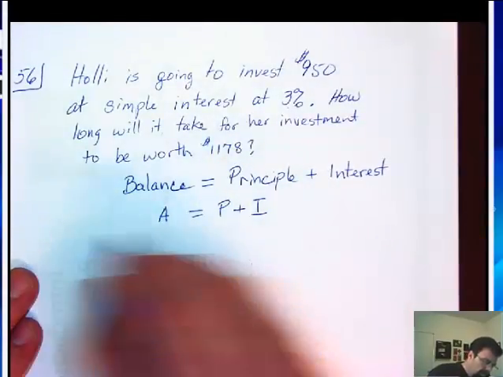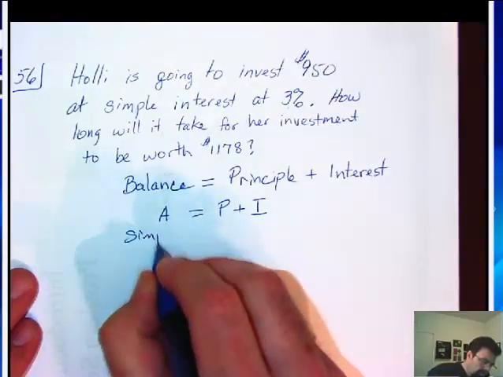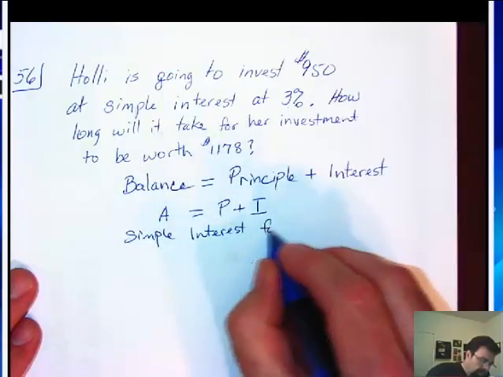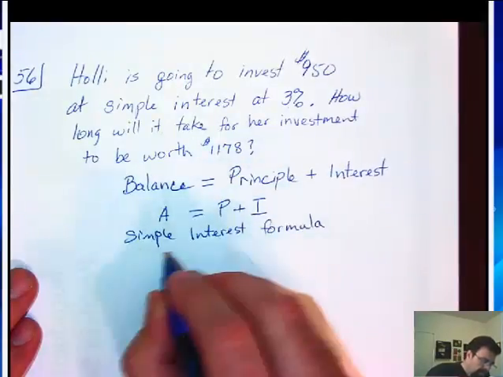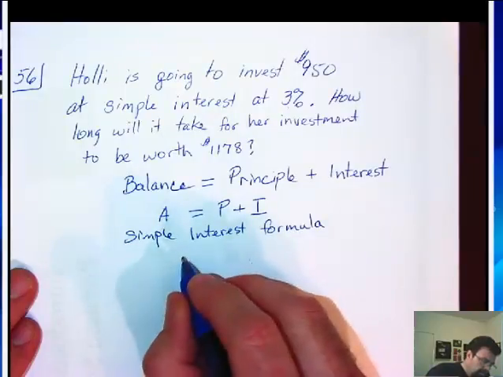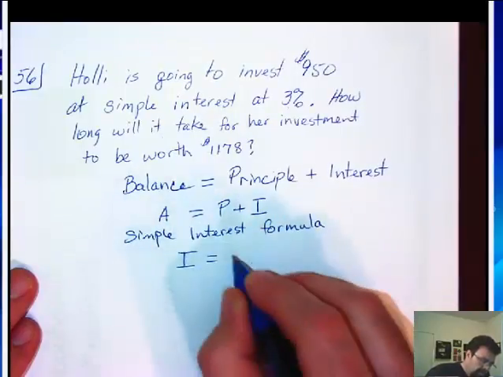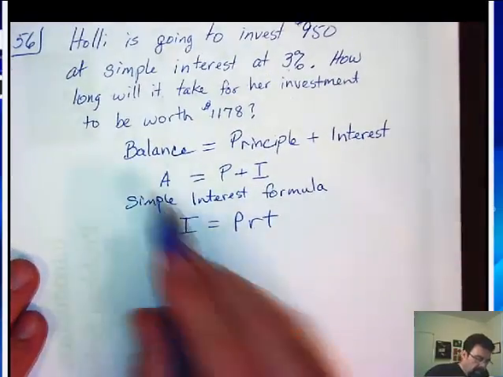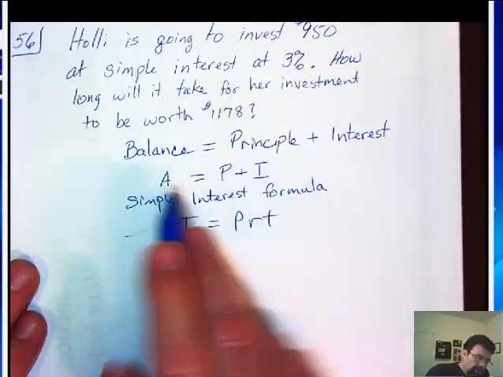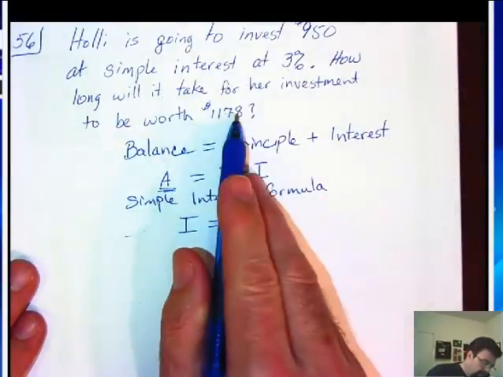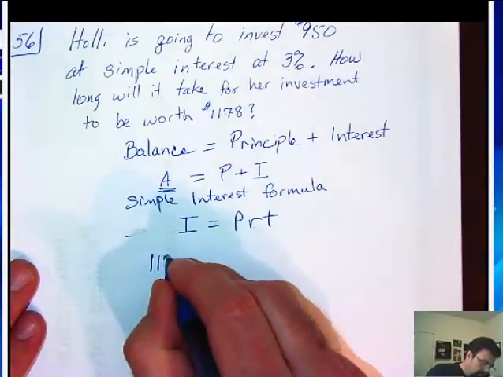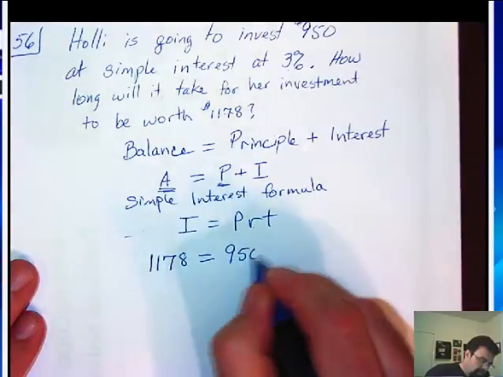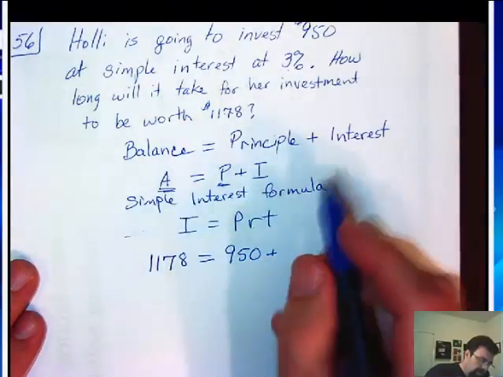And then your simple interest formula is: interest is equal to principal times rate times time. Okay, so we're going to use both these equations. So we want the account to be worth $1,178. Principal, we invested $950, plus interest.